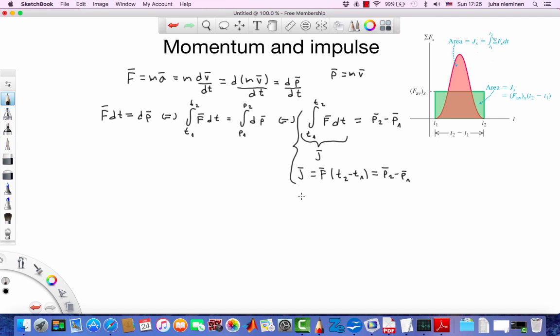A lot of times, however, we calculate them by the components, so we can separate the impulse in x and y direction in the two-dimensional case. So in x direction, we can say that Jx is momentum in the final position minus initial position in the x direction, and momentum in general is m times v.